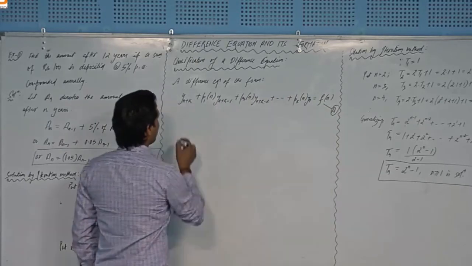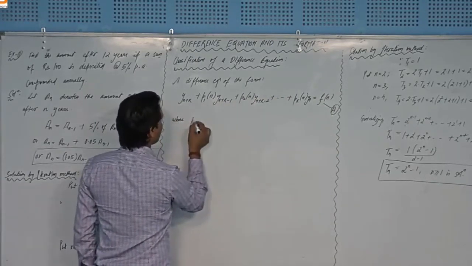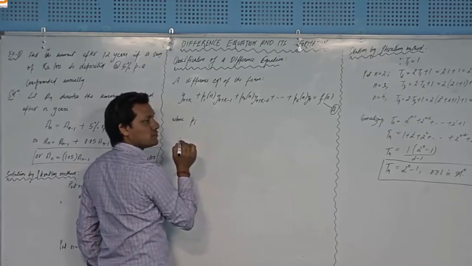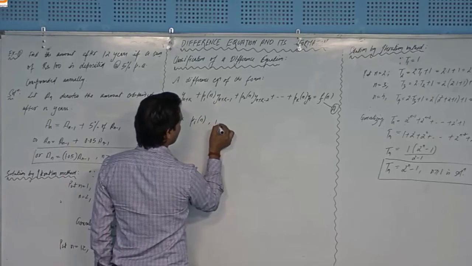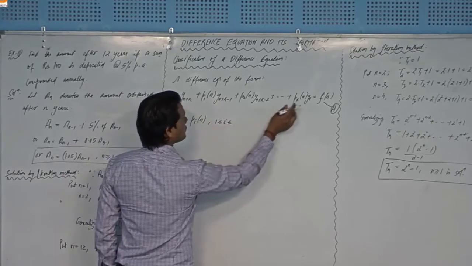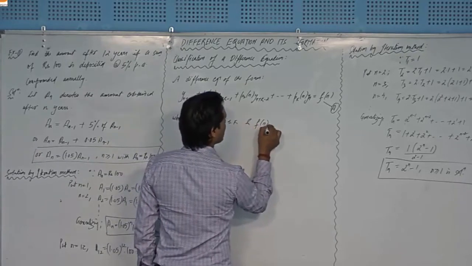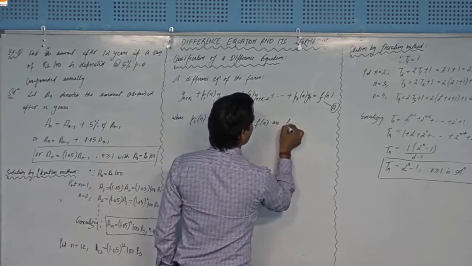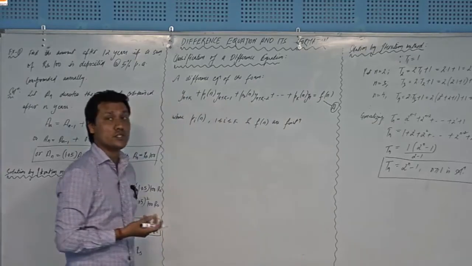Where these p_i(n), for all i running from 1 to k, and f(n), the right hand side function, are functions, or we should call them discrete numeric functions.